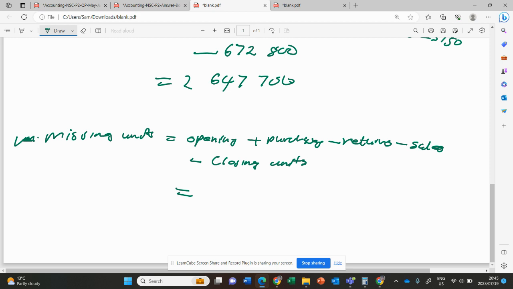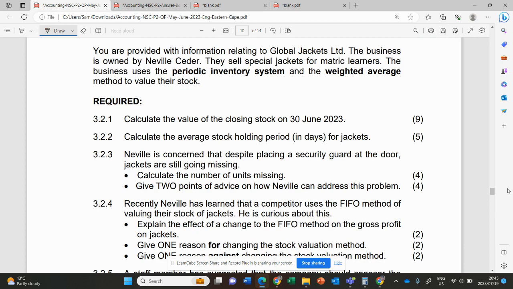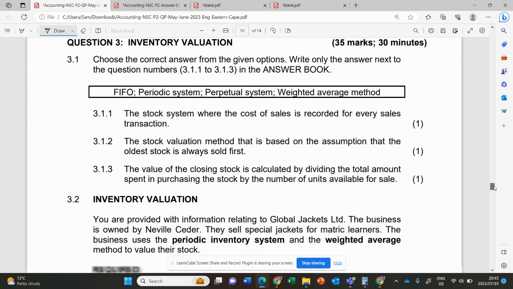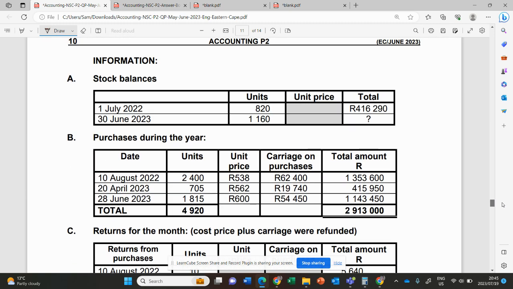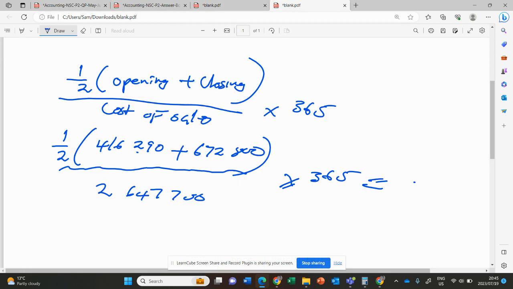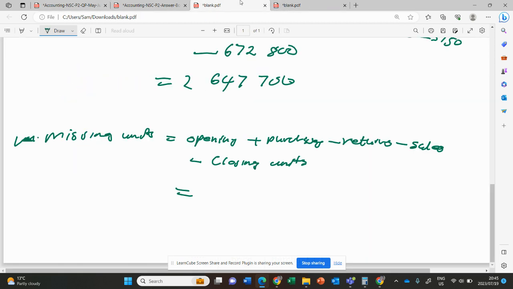Then opening units, what is it? Opening units here is 820.